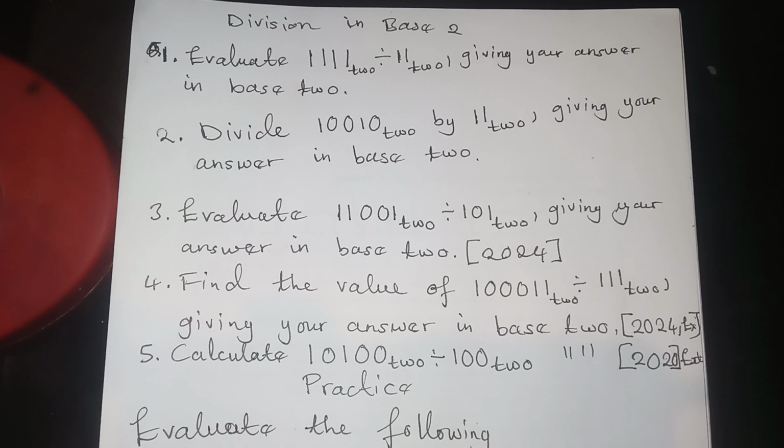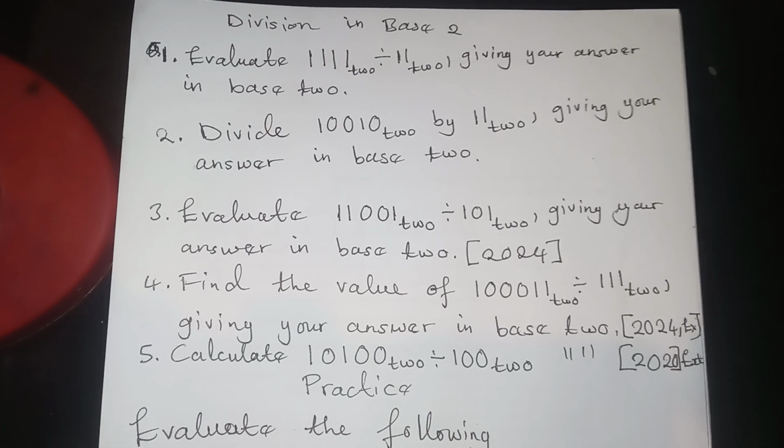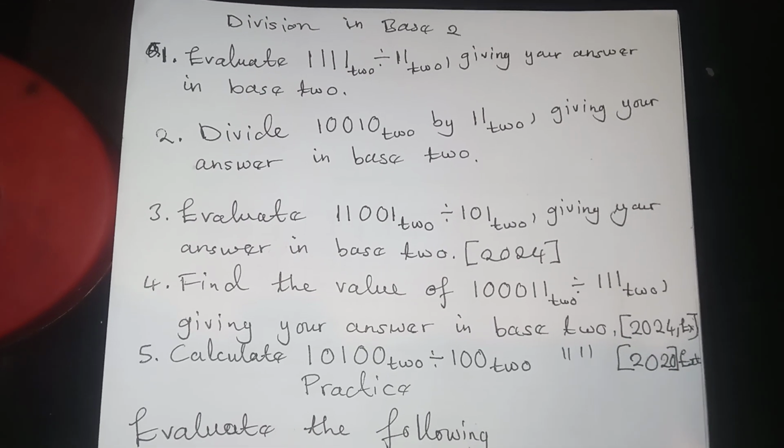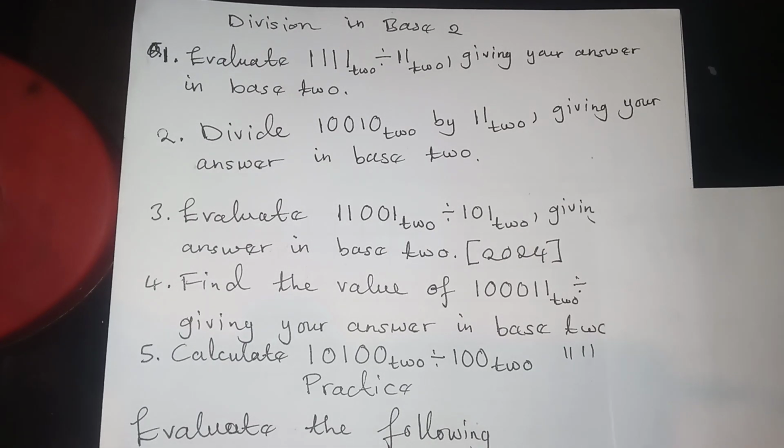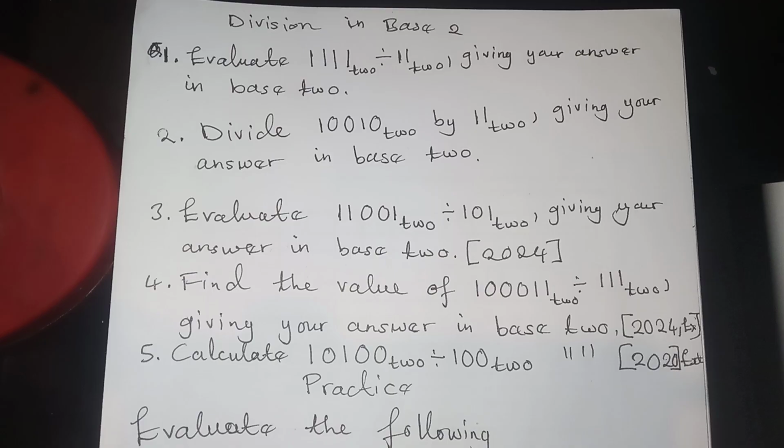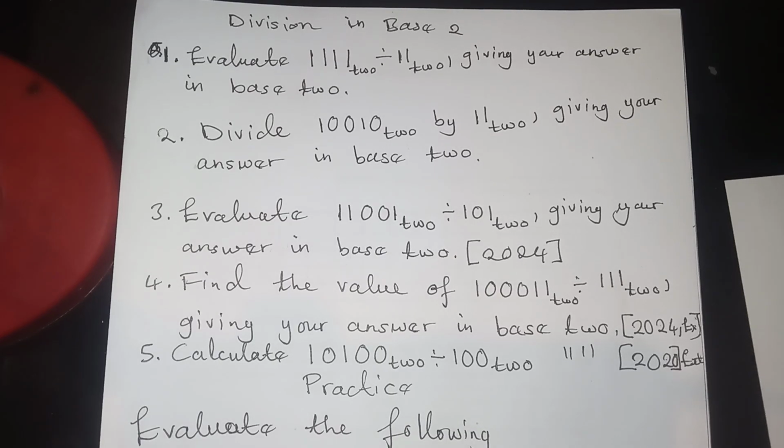That's okay too, except that in most cases, students who do that tend to forget to convert the numbers back to base 2. So I'll use long division here, except for one which is too easy. So let's get started.